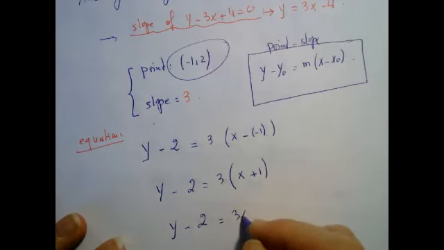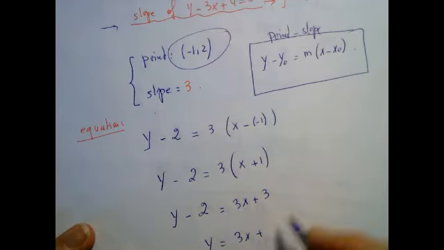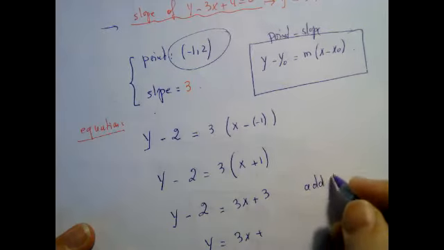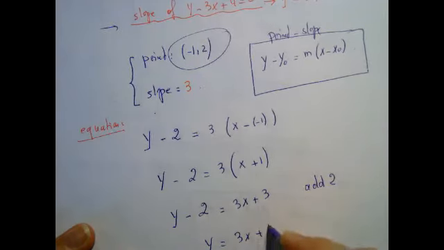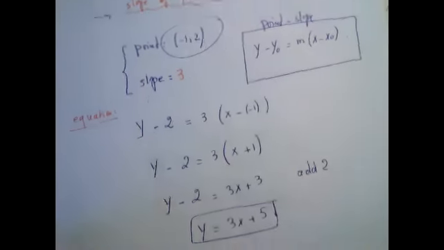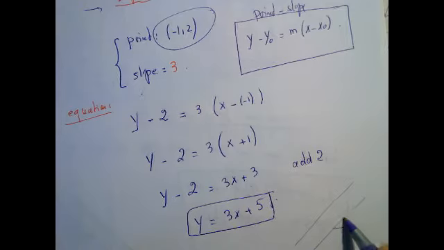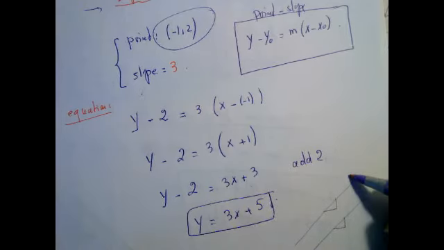So this will give me 3x plus 3, and now I have to add 2, so y equals 3x plus 5. Okay. So for 2 lines which are parallel, it's easy because they have to have the same slopes. If I know the slope of L1, then I can find the slope of L2.